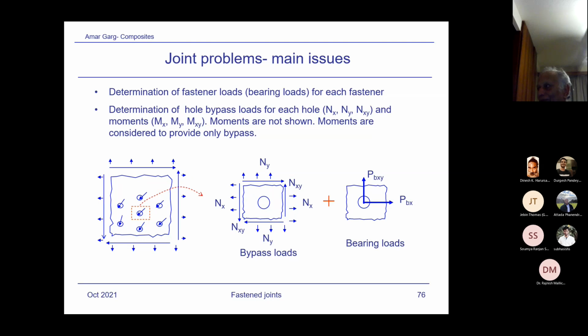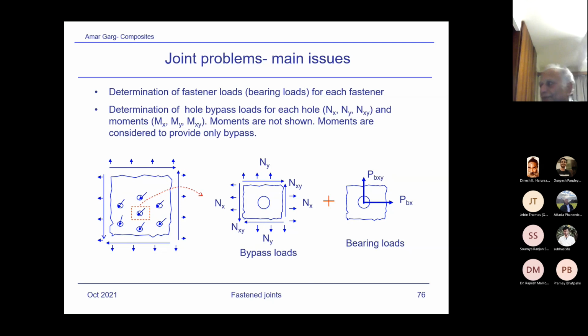And now from those element loads, you have to extract and decide how much is the bearing and bypass. And I can tell you, surely, it becomes an extremely difficult problem to pick up the loads from the FEM output for the elements and then try to decide, because when you are modeling, you will be modeling fasteners at the locations, so they will be reacting some loads. And so, of course, that is easy. Now, bypass becomes difficult.